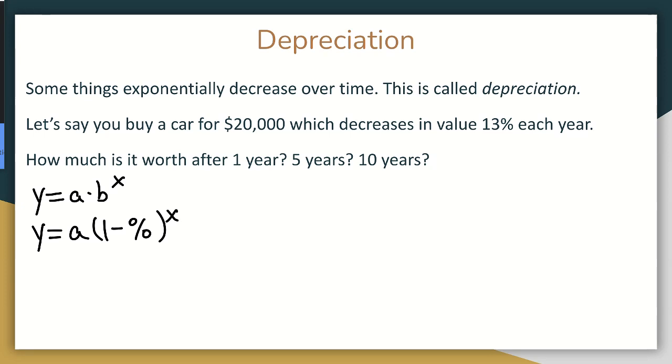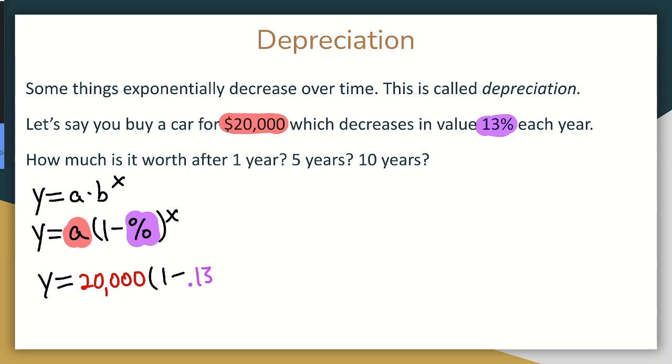So here, the 13% is going to go right there, and our initial value is our a. And so we can write an equation, y equals 20,000 times 1 minus, and instead of 13%, we're going to write it as a decimal, which is 0.13, to the x. So x is the number of years, y is the value after that many years.